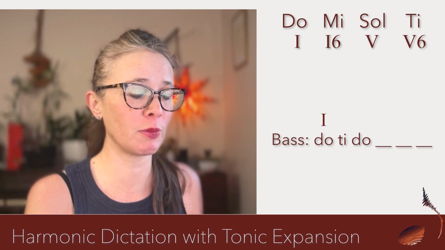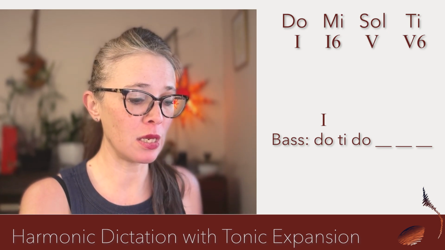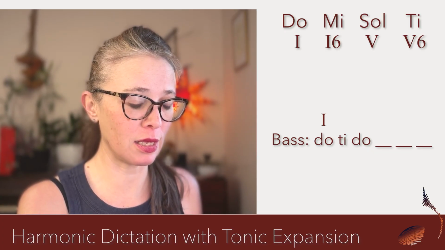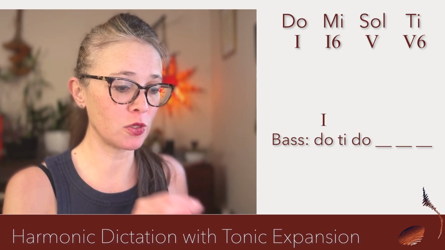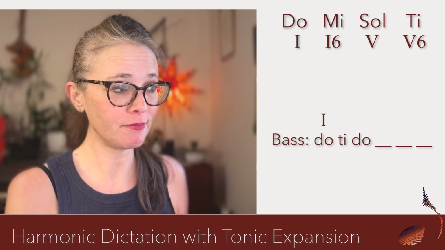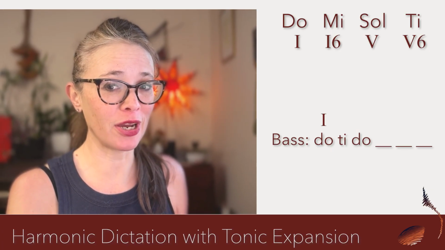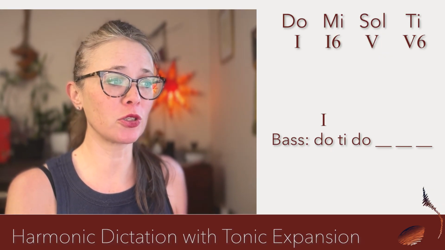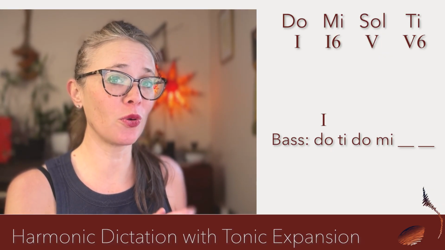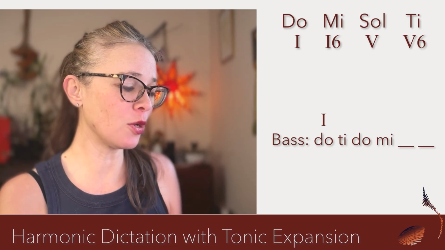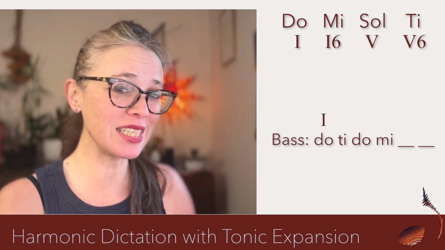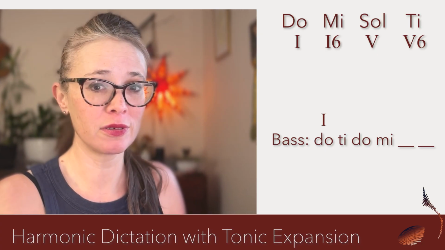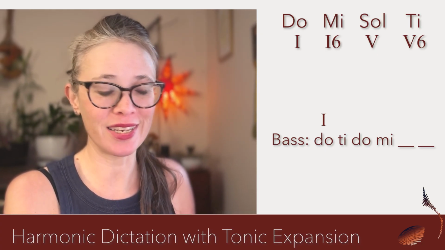So your options, remember, are do, mi for the 1 and the first inversion 1, and then the 5 is sol or ti. So if you're going up and you're not going super far, you're going do, mi, and you're pretty much going to go down to ti. You could, I guess, leap up to it, but that'd be really far, and it's probably not going to happen.